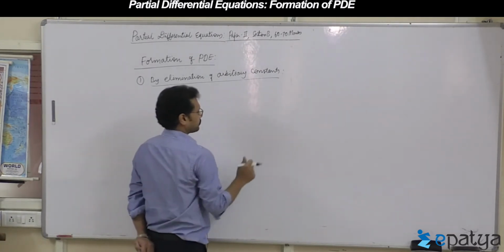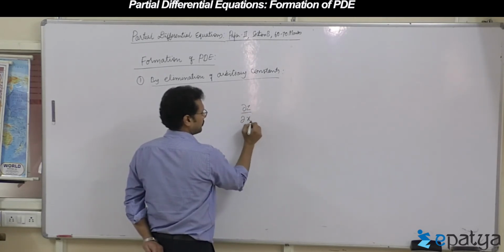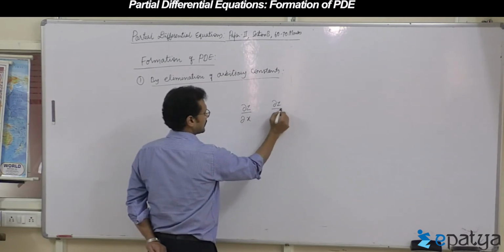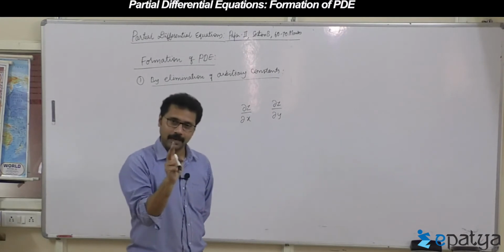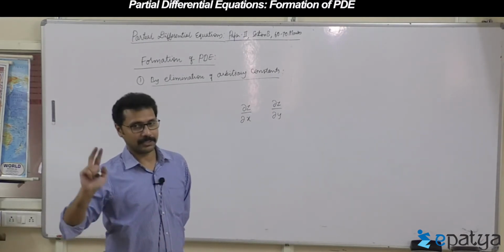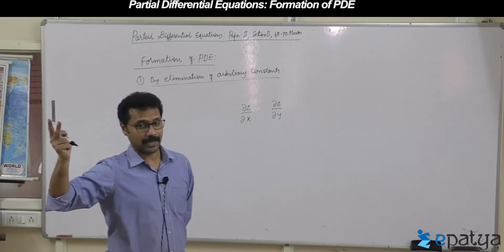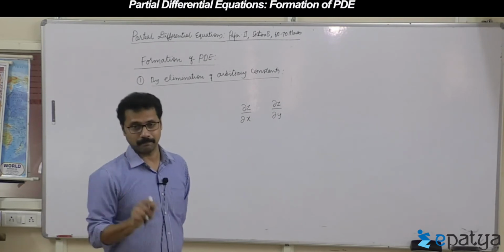Now, if you look at the first order, since I have two independent variables, I have two derivatives even in the first order: one with respect to x and one with respect to y.